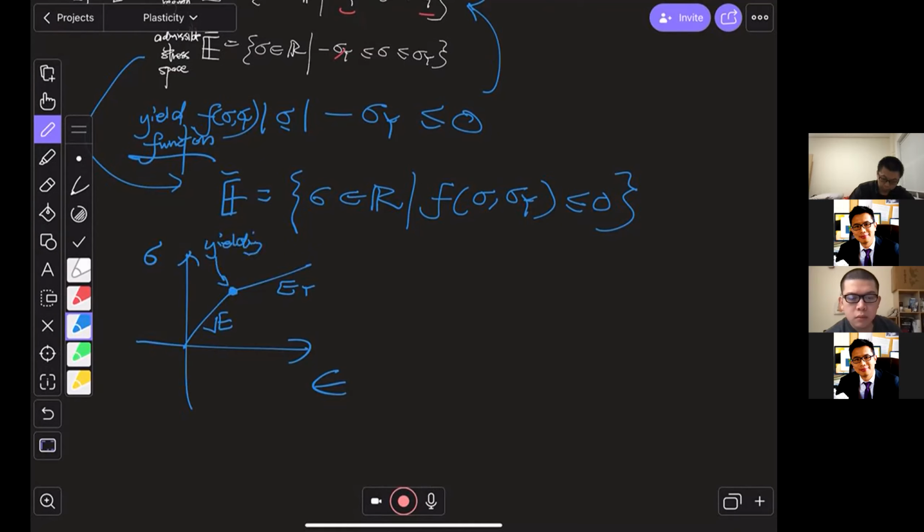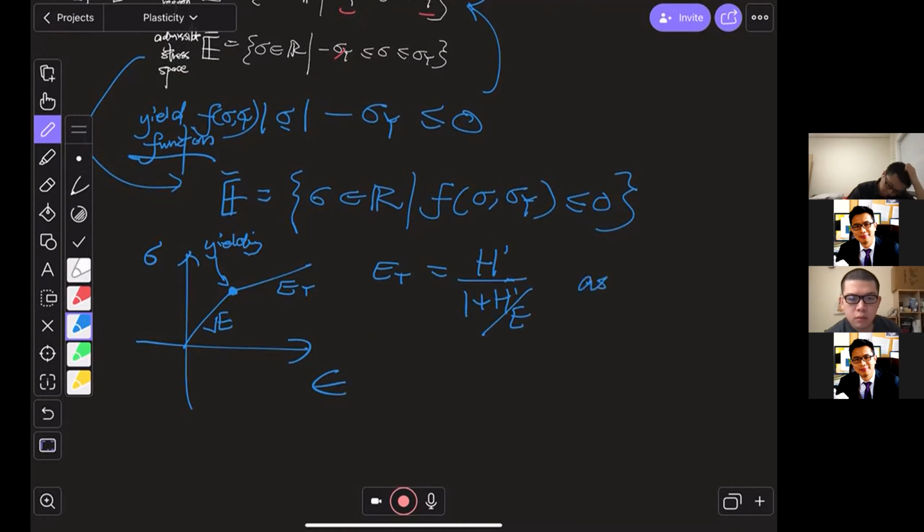So what would happen is that ET is equal to h prime divided by 1 plus h prime divided by E. E is the Young's modulus, h prime is the hardening modulus.